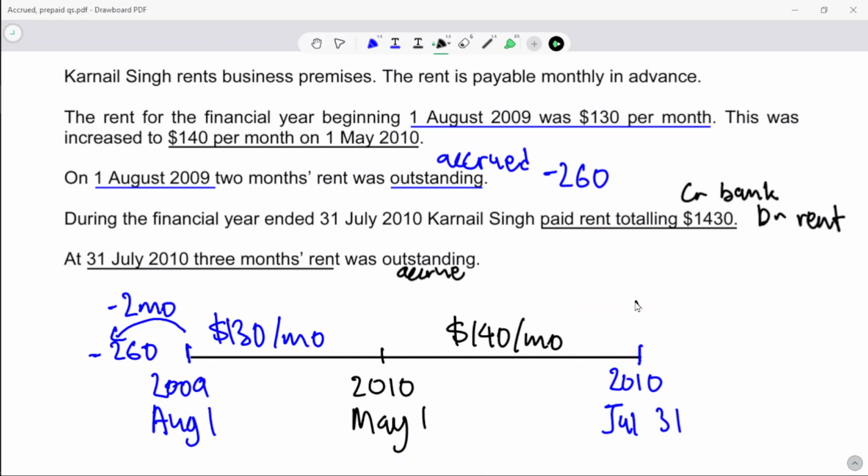Okay, to the left, so within the line, plus 3 months. So in total will be 420, so I better use plus 420. Okay.